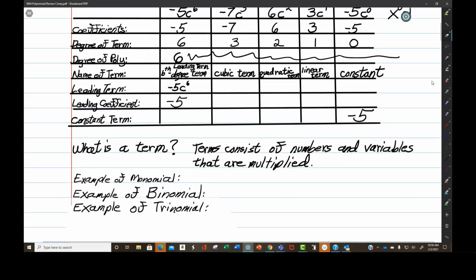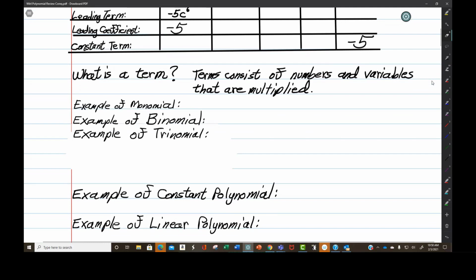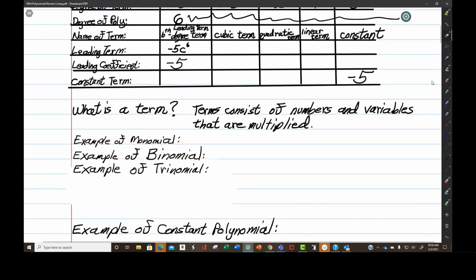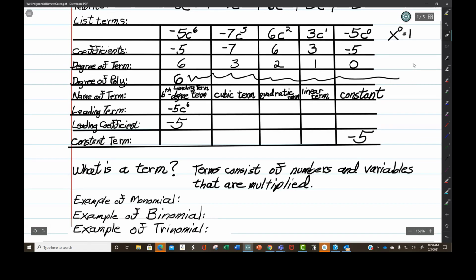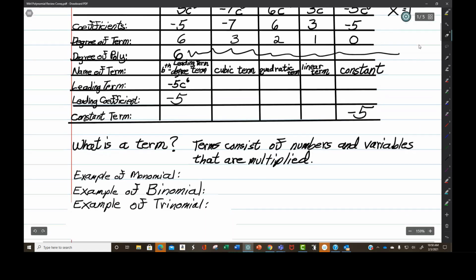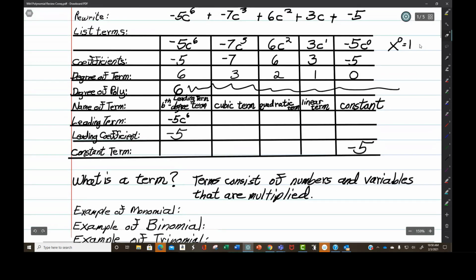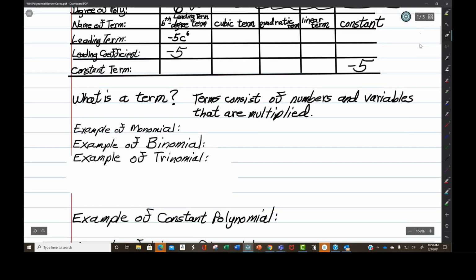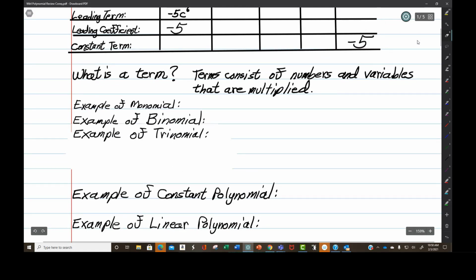Now, there are different kinds of individual terms. A monomial would be one term. We could even pick a term from up here, like -7c to the third, but it was just there all by itself. No, you see, I don't want you getting confused, so I'm going to make up one.